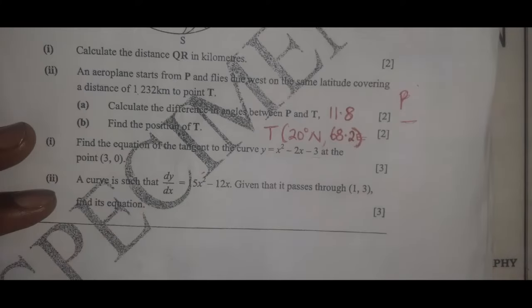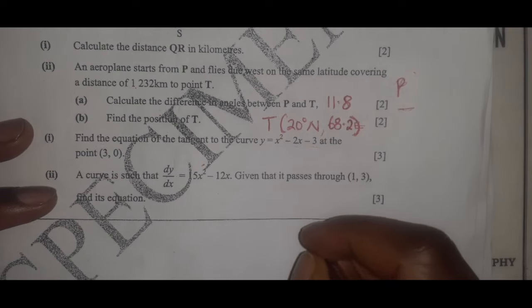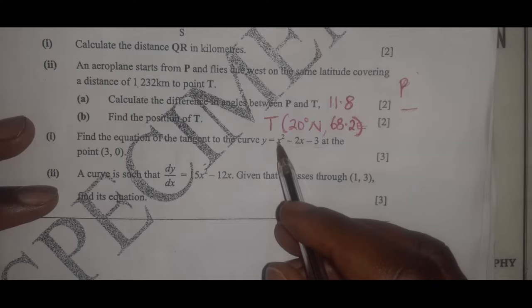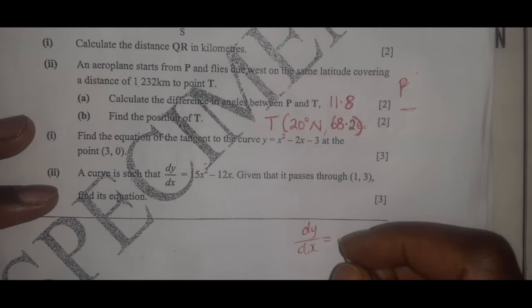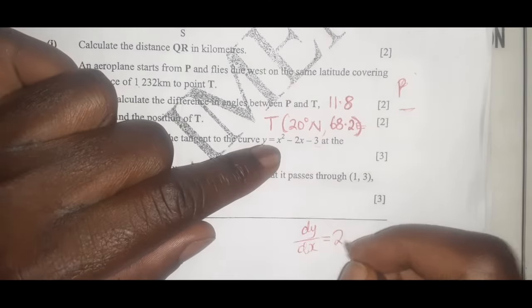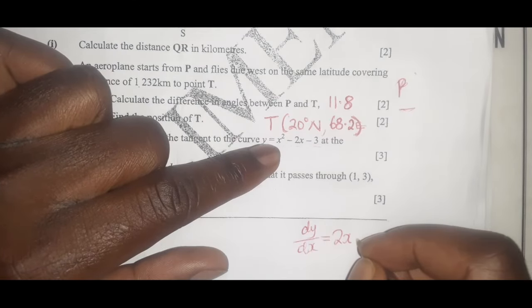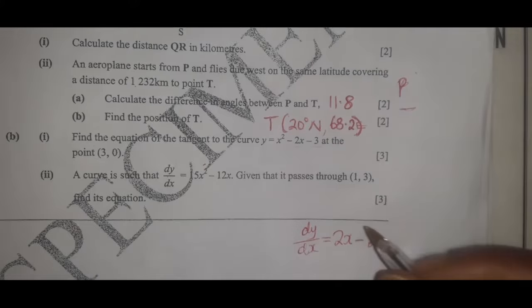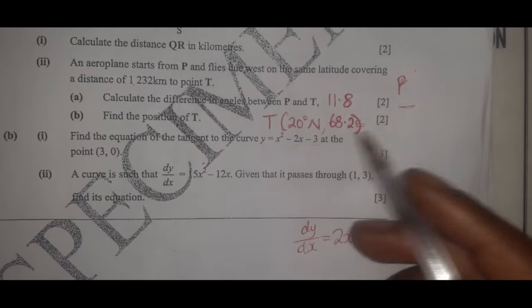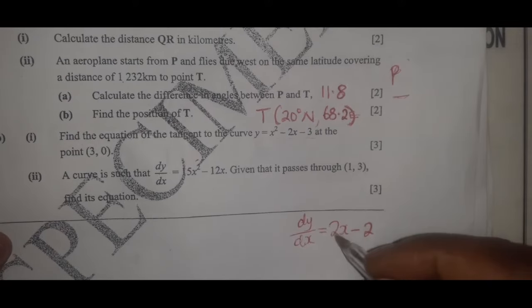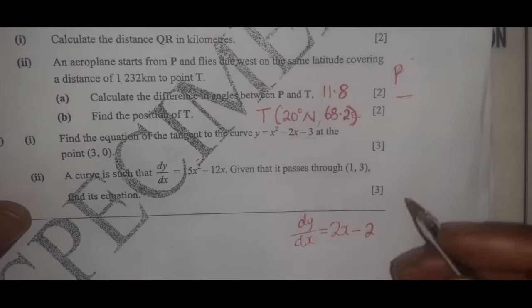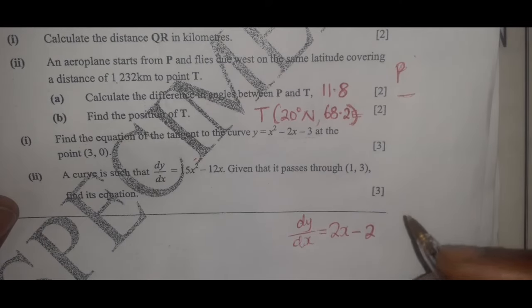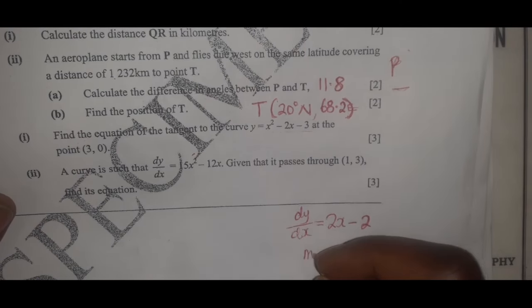The first thing that we are supposed to do is to find the derivative, dy/dx. How do we differentiate this one? I'm sure you know that this is going to be 2x minus 2, and the derivative of a constant is 0. So this is our dy/dx. Now to find the actual gradient, which we can call m.